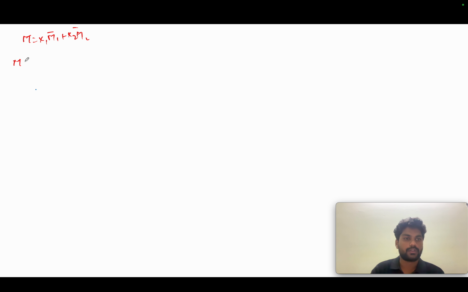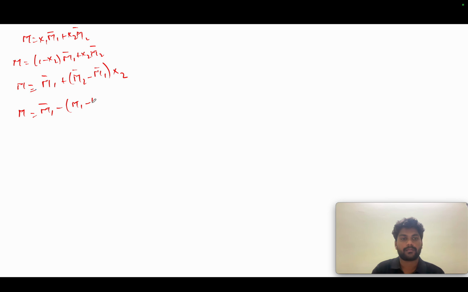So now I want to write everything in terms of x1 and x2. If I'm not writing bar, you should understand that all are partial molar properties.